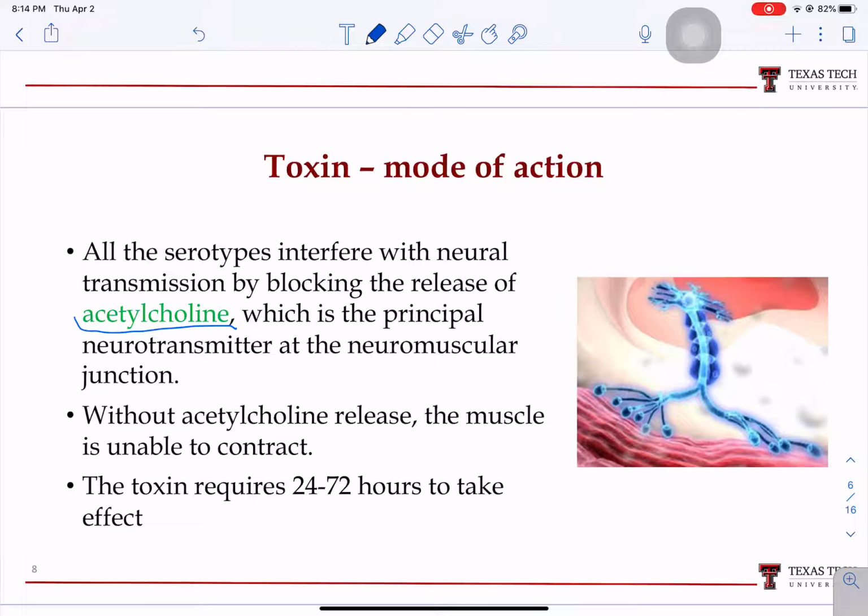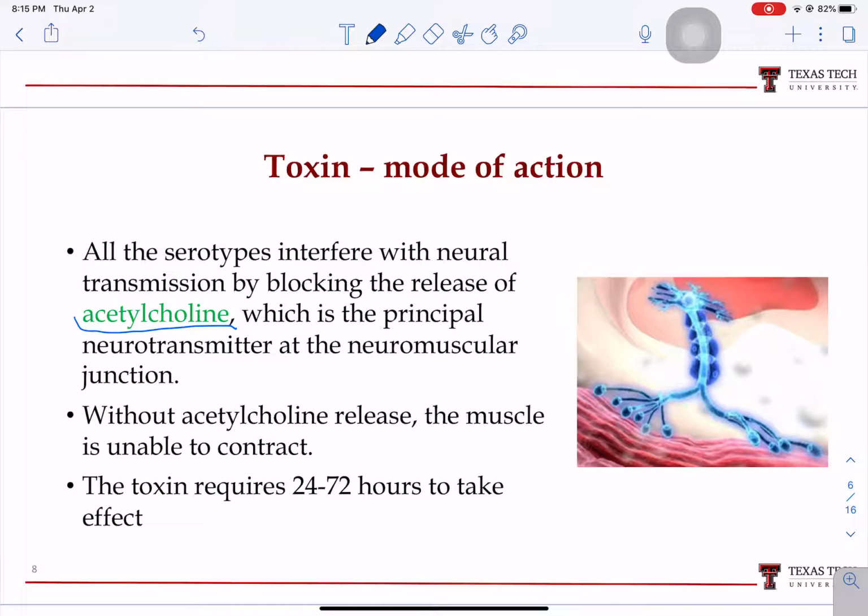So just think a little bit, what happens if you cannot contract muscles? Some of those can be the lungs, some maybe the heart. So just think of the big consequences of not being able to contract. When you breathe, you need to contract muscles, and that's ultimately what may cause the death of the patients who have ingested this microorganism.